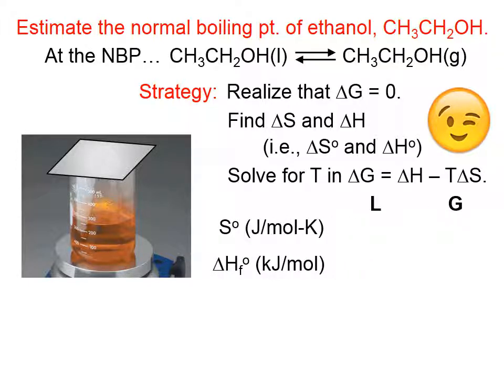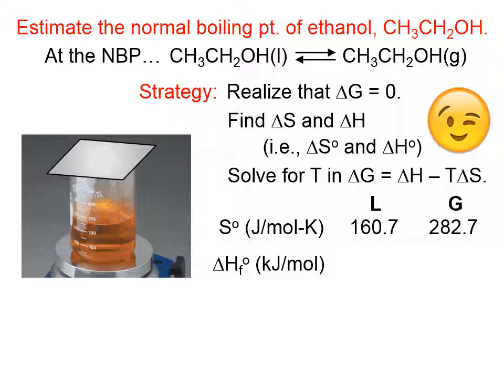We're going to need to look up the standard entropies and the standard enthalpies of formation for the liquid and gas phase of ethanol. That's what L and G stand for. We should predict that neither of these will have a standard entropy of 0, and not surprisingly, the gaseous phase has more entropy, more chaos, more disorder.